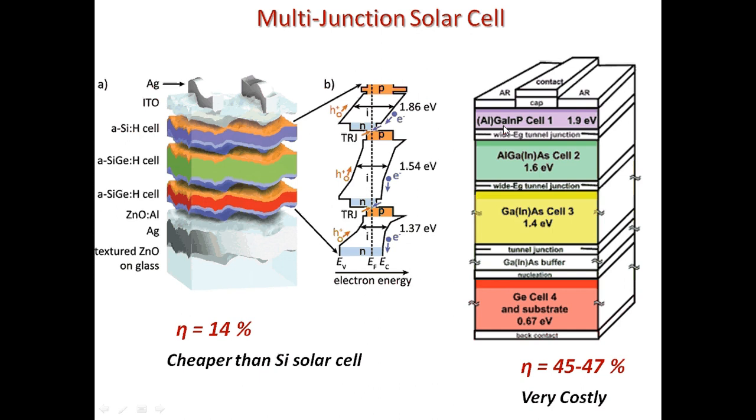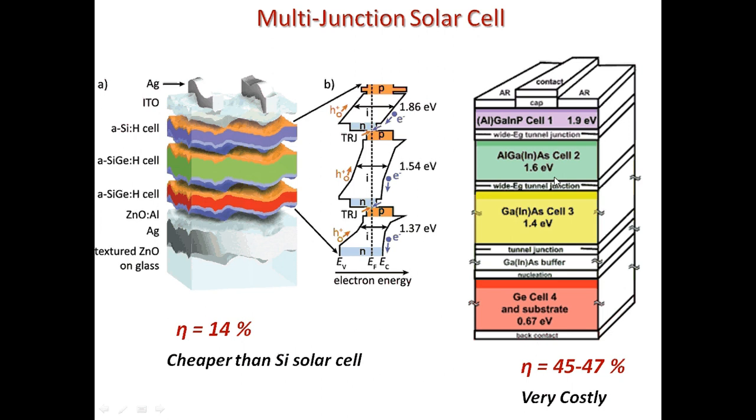You have gallium indium phosphide which has a band gap of 1.9, then aluminum gallium indium arsenide which is 1.6. Then there is gallium indium arsenide of 1.4 eV, and then there is a germanium silicon solar cell which is 0.67 eV.